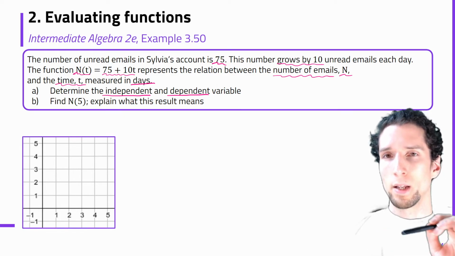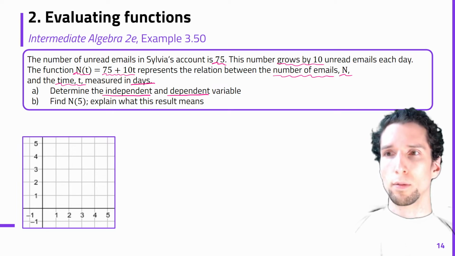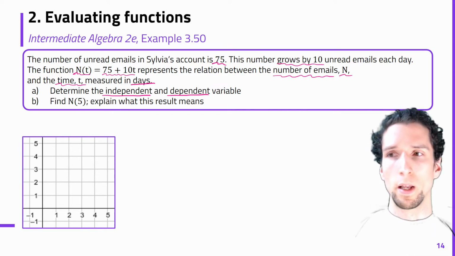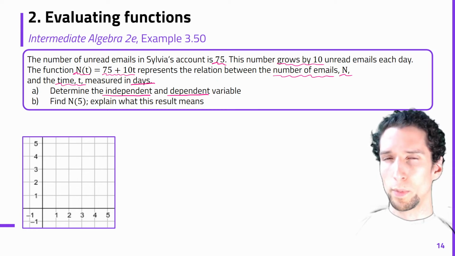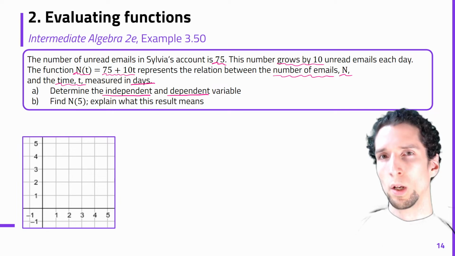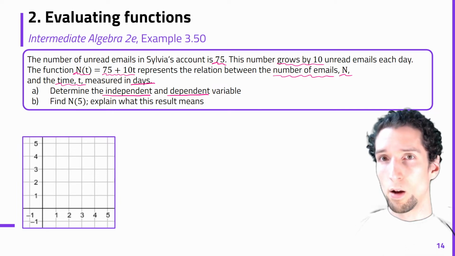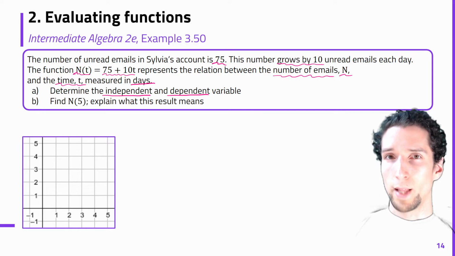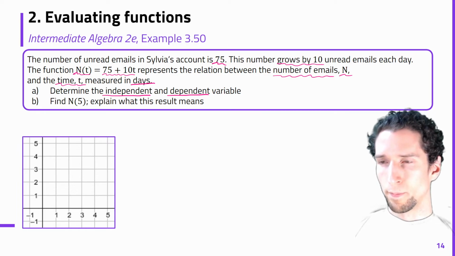And as time increases, emails keep coming in and she keeps not reading them. So that makes more sense. Time is progressing on its own, but dependent on that time, as time increases, she gets emails. So that second relationship makes sense.